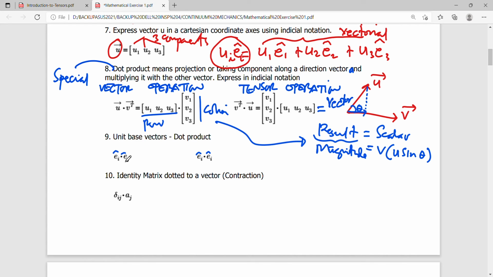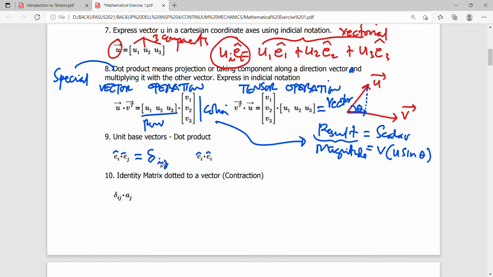So what is Ei dot Ej? So the interpretation of a tensorial dot product in this manner becomes consistent with what? This is an ij, therefore this is 1 and 1, therefore this becomes delta ij.